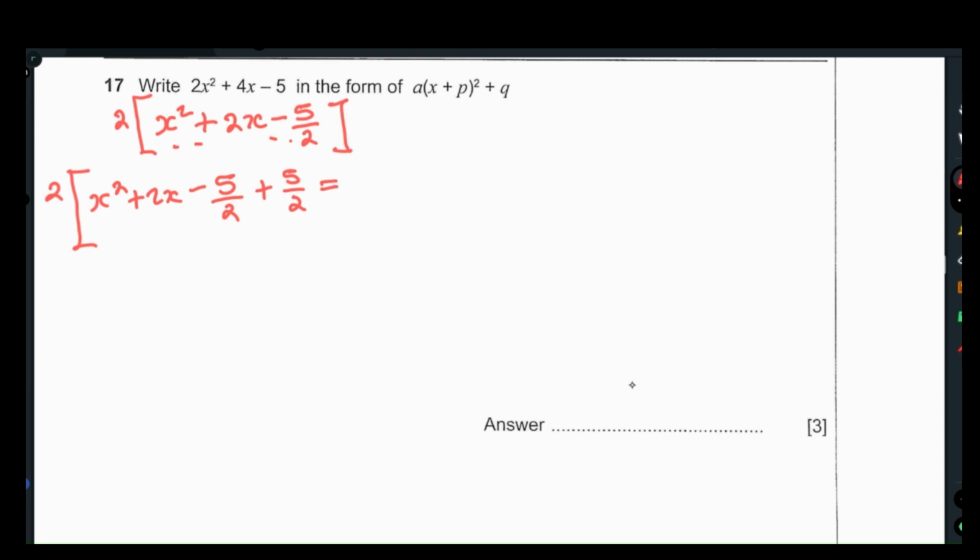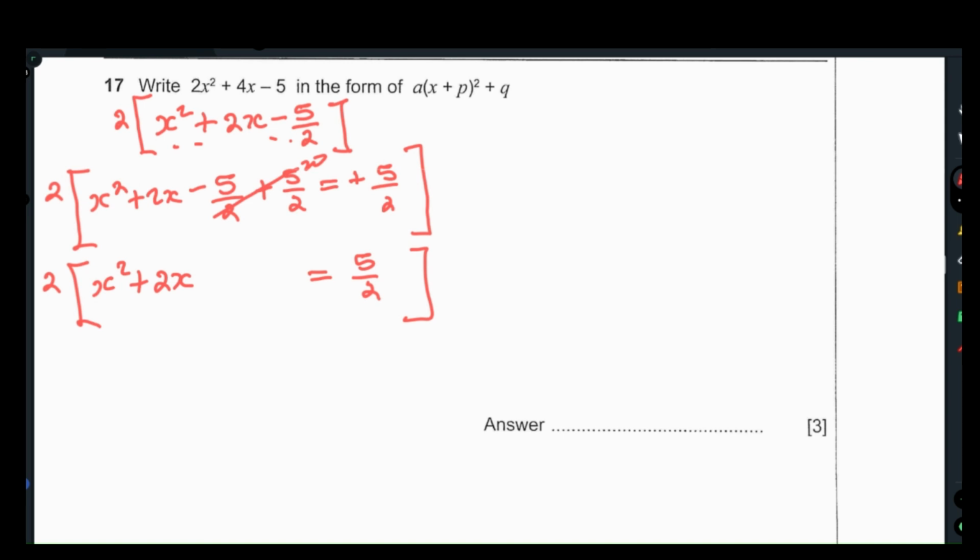If we add 5 over 2, we should also do the same on the other side of the equal sign. So minus 5 over 2 plus 5 over 2 will be 0. So we'll have x squared plus 2x equal to 5 over 2.